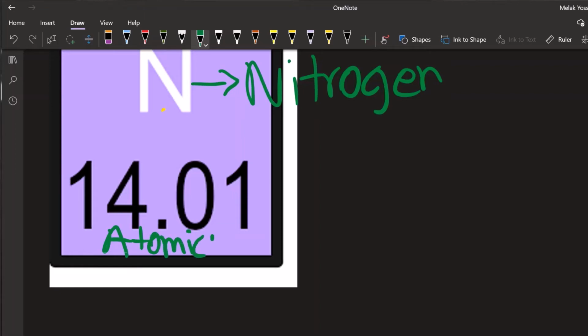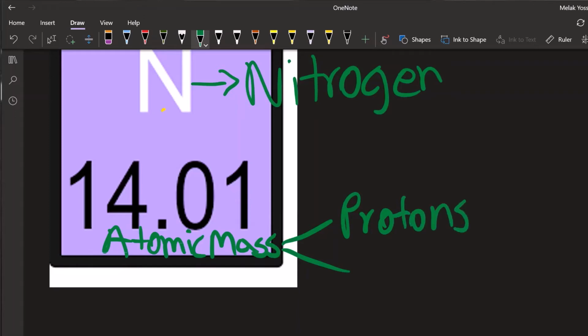This represents the mass of the atom, which is made up of protons and neutrons. The reason electrons are not included in this is due to their small size.